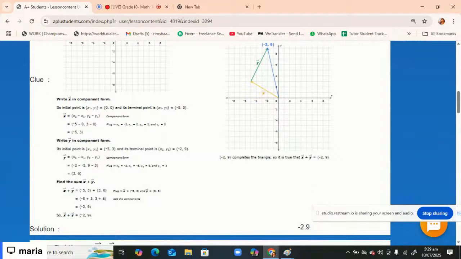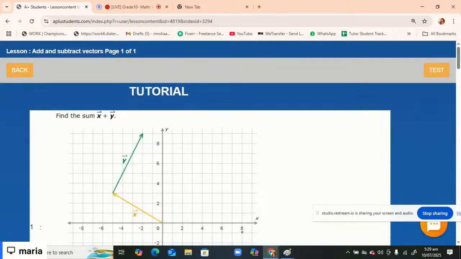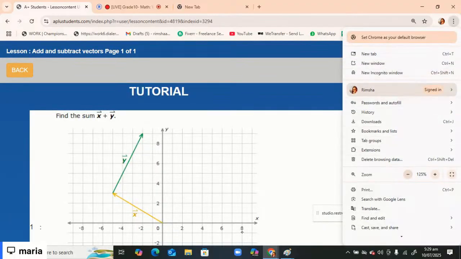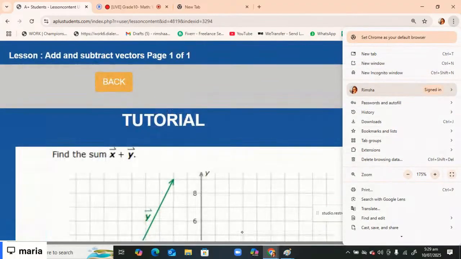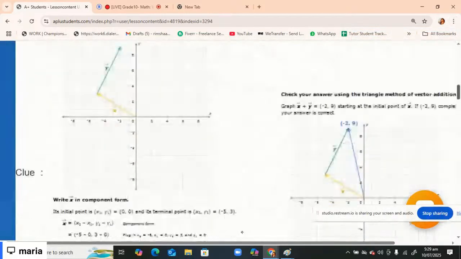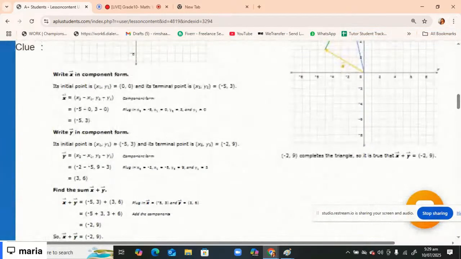First of all, we write the point x1 and y1, then x2, y2, then adding x. So here first of all I'm going to write it out. Write x in component form, then write y in component form, then find the sum of x plus y.